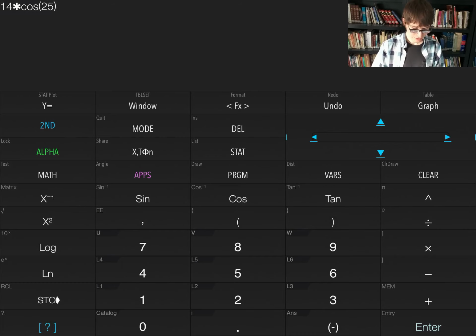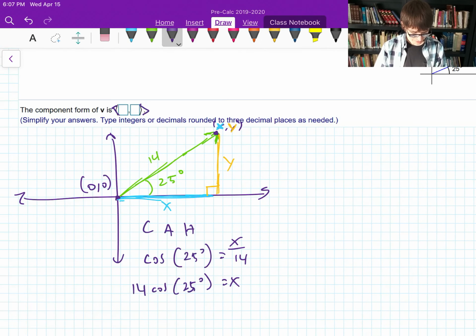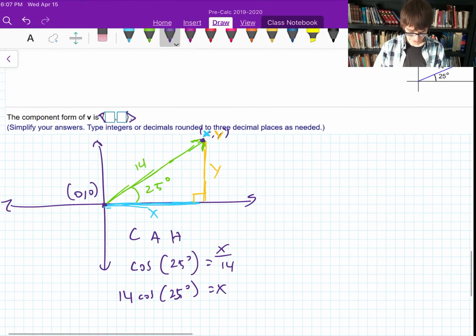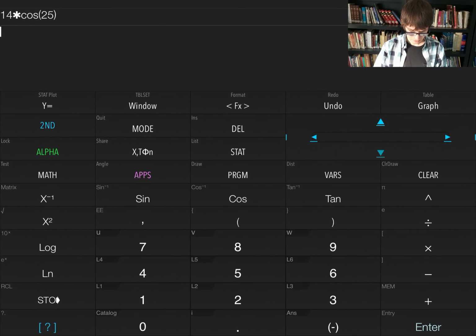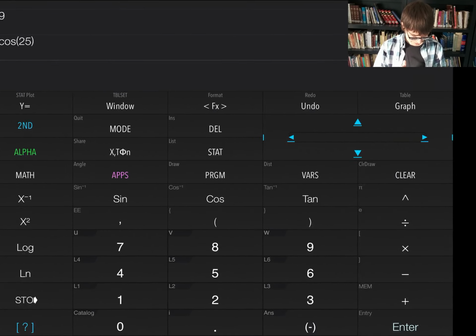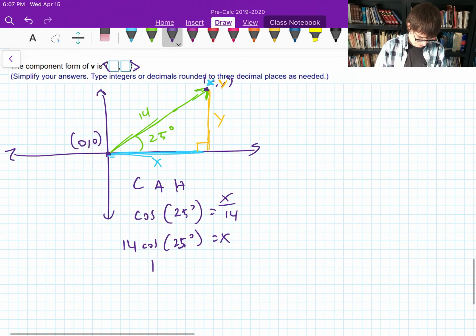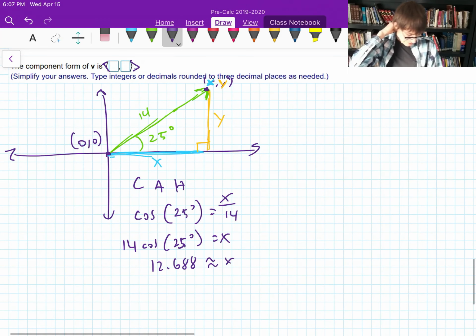And that gives us 12.688, around the third decimal place. Yeah, 12.688 is what we have. So 12.688 is x, and we'll do the same thing for y.